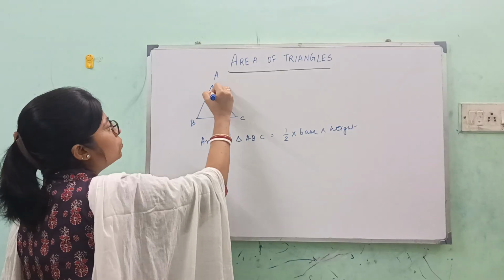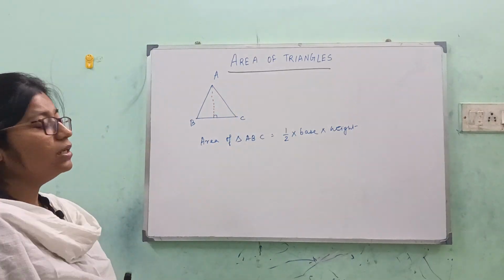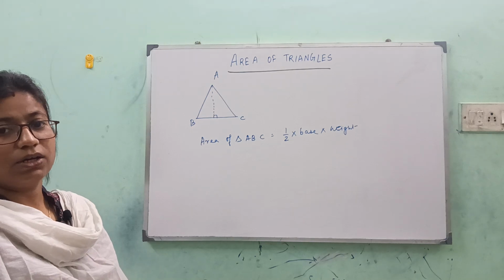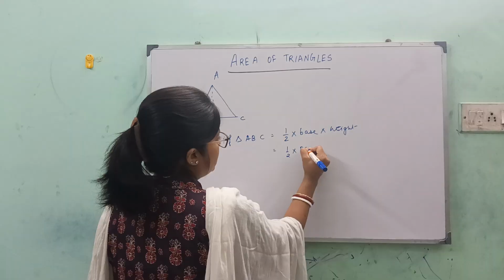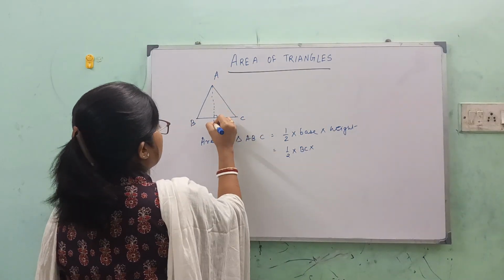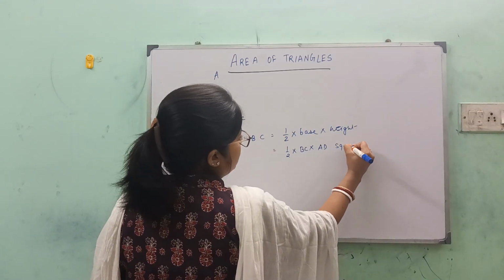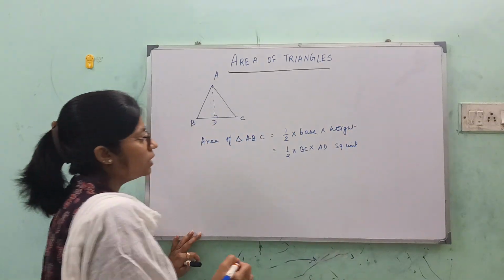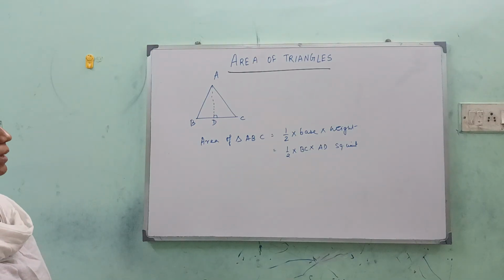Then the altitude corresponding to the side BC will be representing the height of the triangle. So, half into base, if I say BC, then height will be, say this is AD, square units. So this is the area of a triangle with formula half base into height.